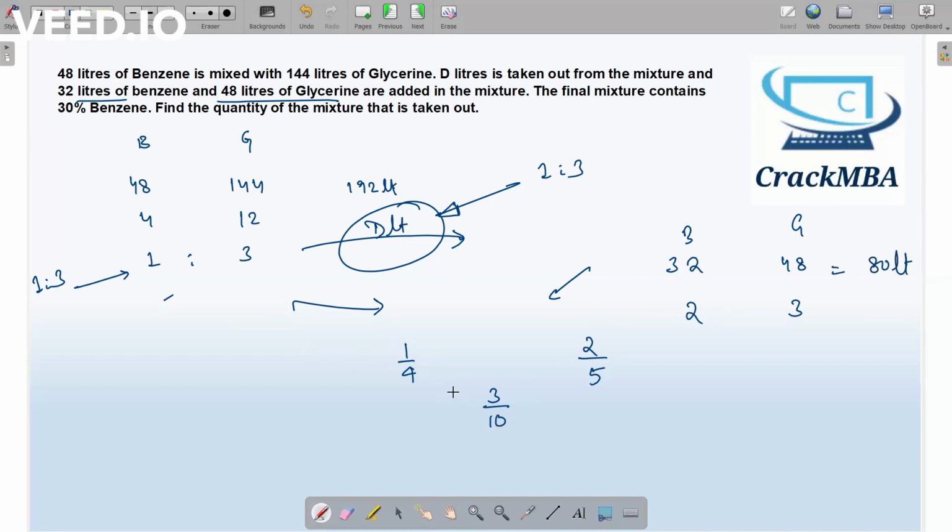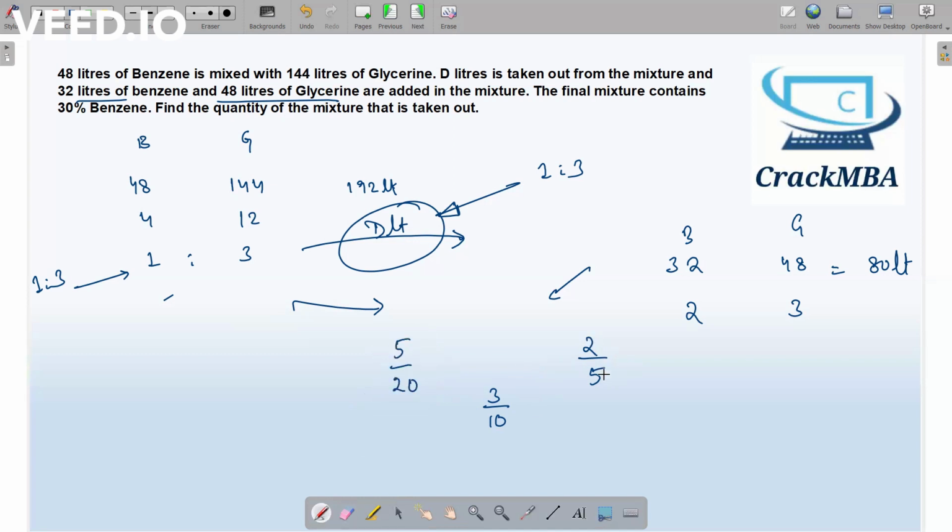Apply alligation now. If you want to do it quickly, make the denominators the same by taking the LCM. The LCM of 4, 10 and 5 is 20. So multiply by 5 in the numerator and denominator here, so 5/20.